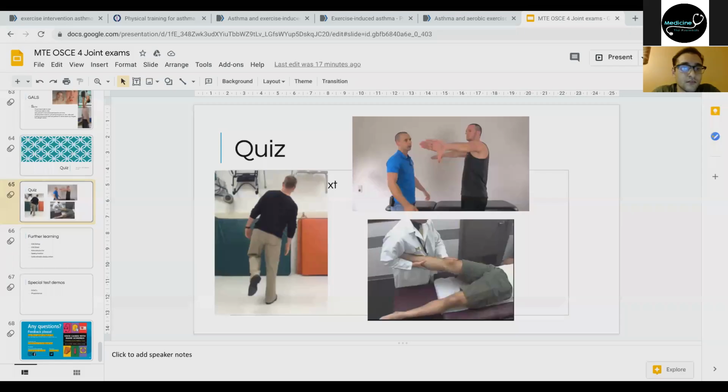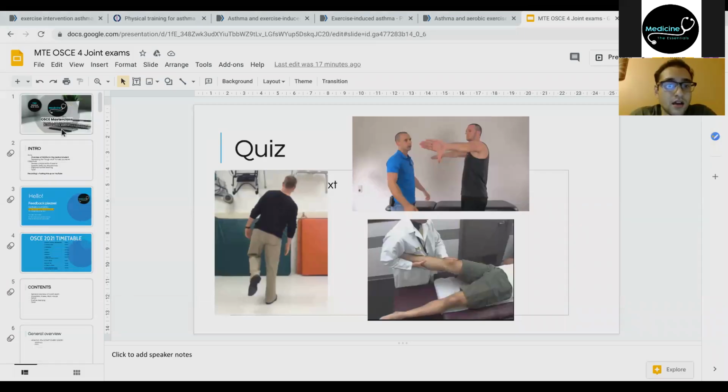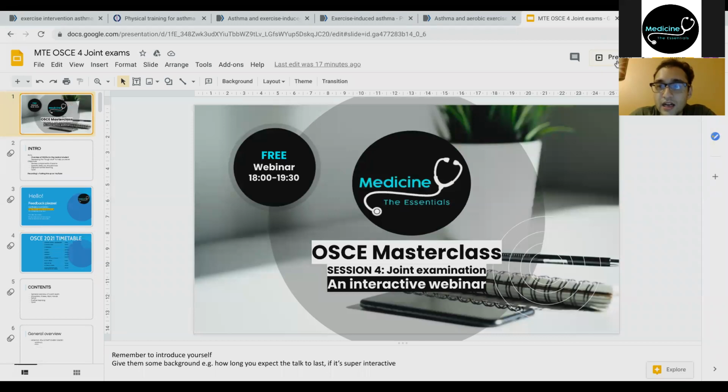Cool. I'm just going to share my screen. Okay, so I don't know if my side's muted or if people actually can't see that. It just says loading for me.